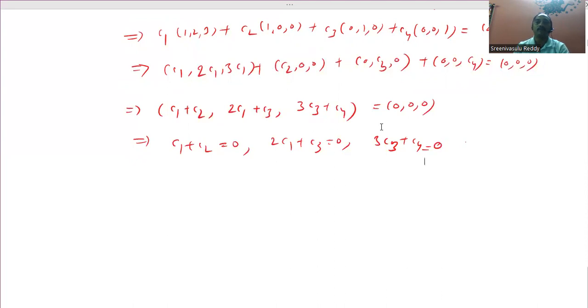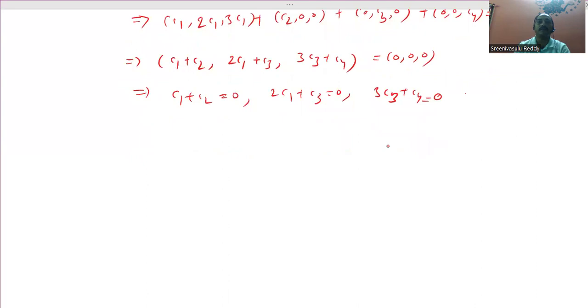Now solving any two. From the first equation, minus C1 equals C2. From the second equation, 2C1 equals minus C3, so C1 equals minus C3 by 2.